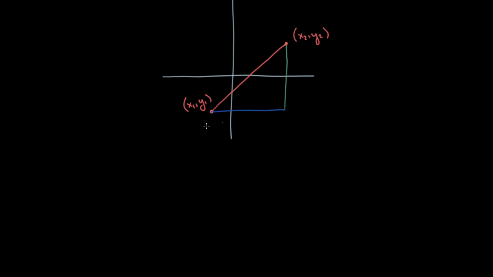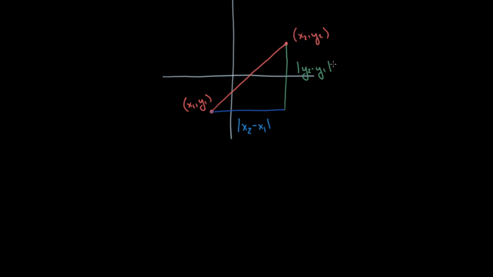So right here, this segment will be the difference between my two x coordinates. So the absolute value of x2 minus x1. Right here, the green will be the absolute value of the difference between y2 and y1.